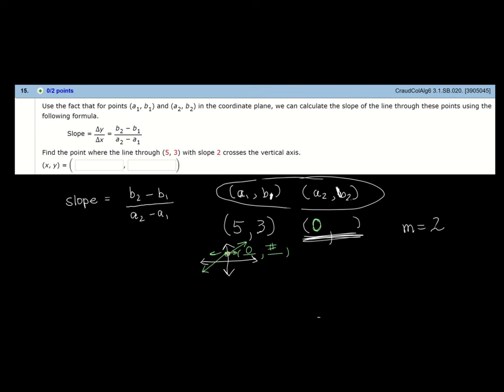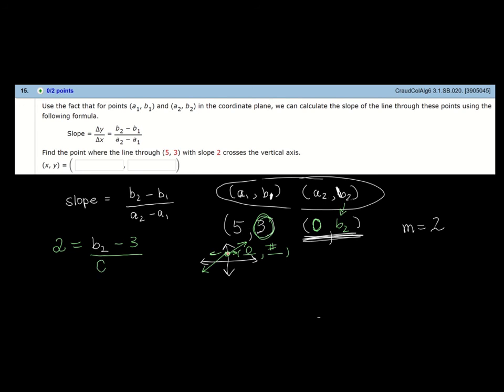So let's go into our formula. Substitute known values. The slope is equal to 2. B2, that is our only unknown value. I'm going to leave that as B2. I subtract off B1 from that. B1 is 3. All of this is over A2 minus A1.